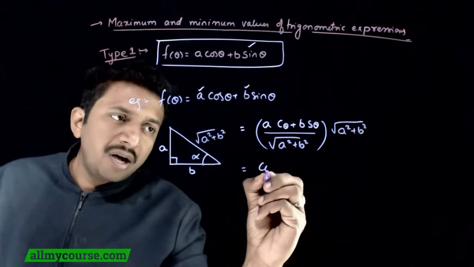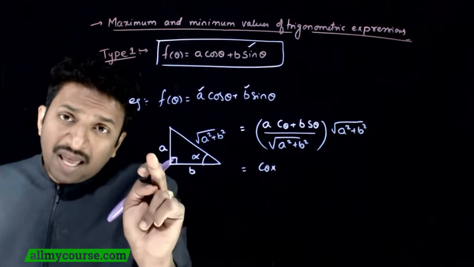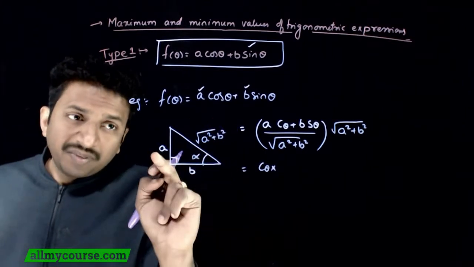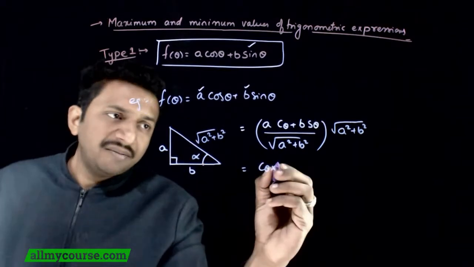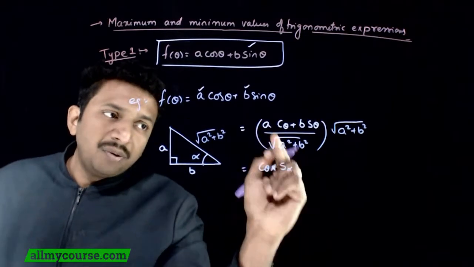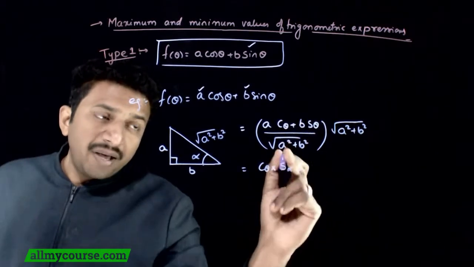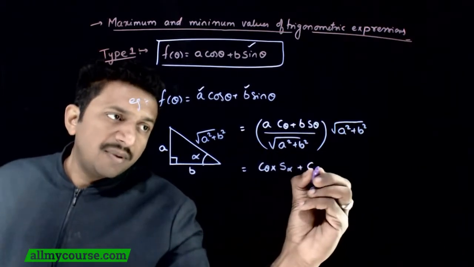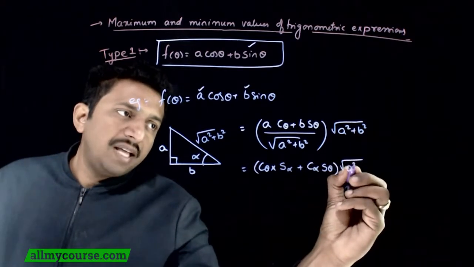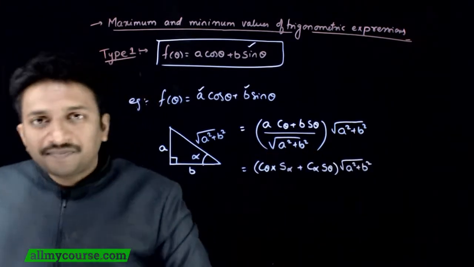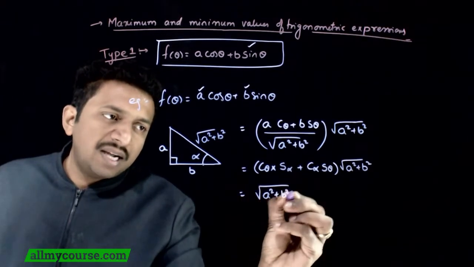Now this can be written as cos theta times a by root of a square plus b square. That is, opposite side by hypotenuse, which is nothing but sin alpha. So a by root of a square plus b square can be written as sin alpha, and b by root of a square plus b square can be written as cos alpha, sin theta, times root of a square plus b square.